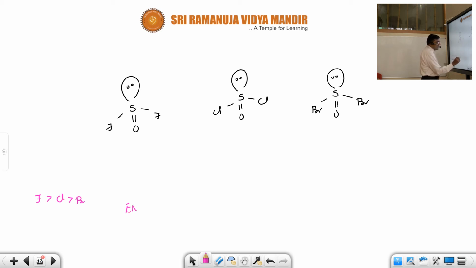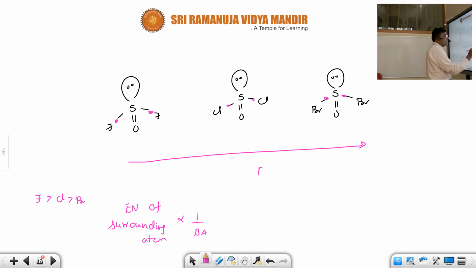The electronegativity of the surrounding atom is inversely proportional to bond angle, because of the electron density here. So as you go this way, bond angle increases because electronegativity decreases. Very, very important. This question is asked in competitive examinations.